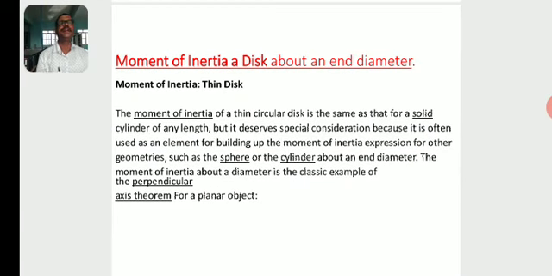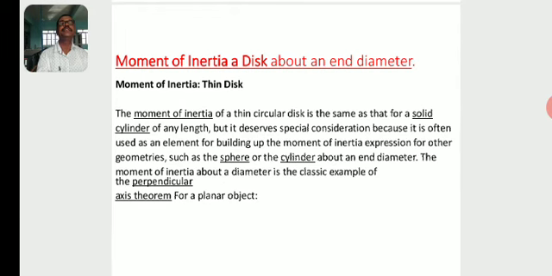Moment of inertia of a disk about a diameter. The moment of inertia of a thin circular disk is the same as that of a solid cylinder of any length.